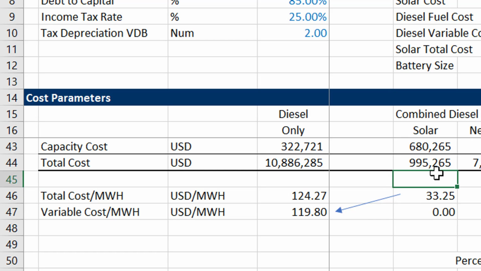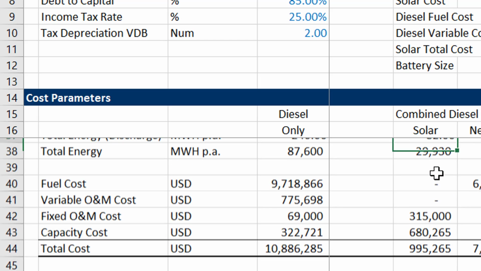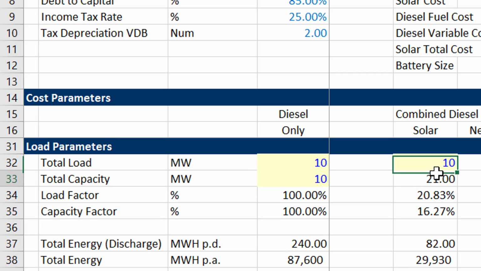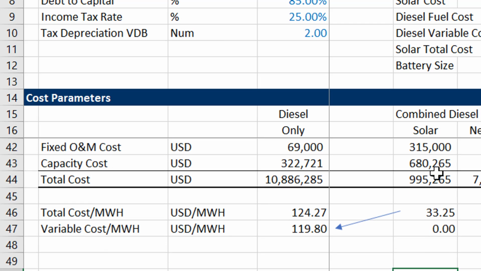The reason is that now we're wasting some of it. Our capacity factor, relative to what I call the load factor, which is purely based on the pattern of sunlight, actually goes down because we're wasting some of it.